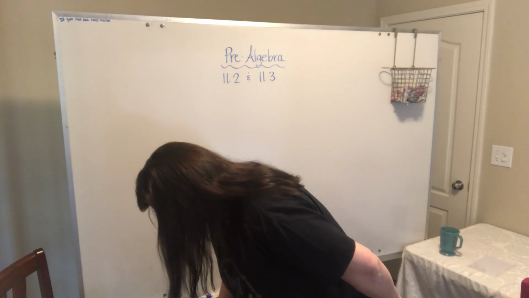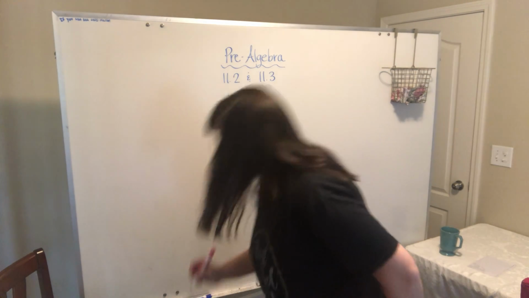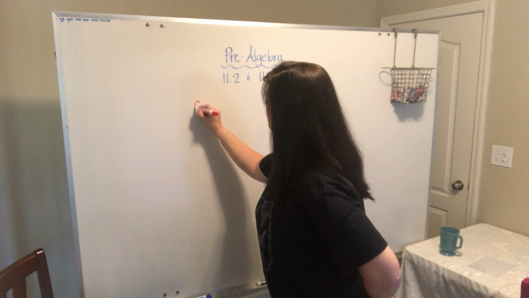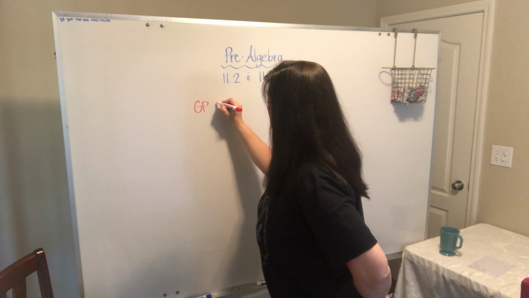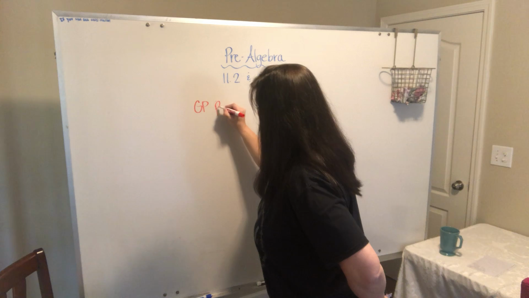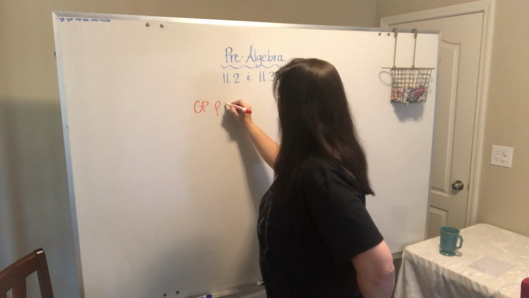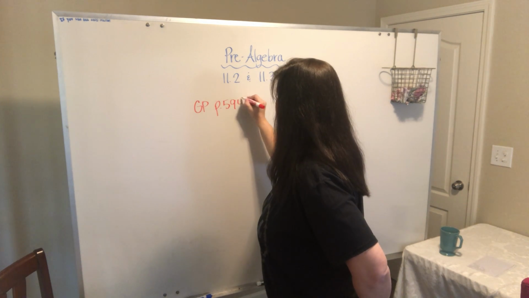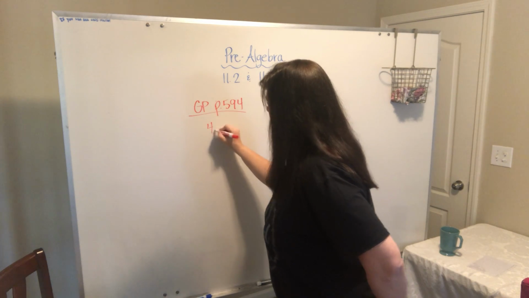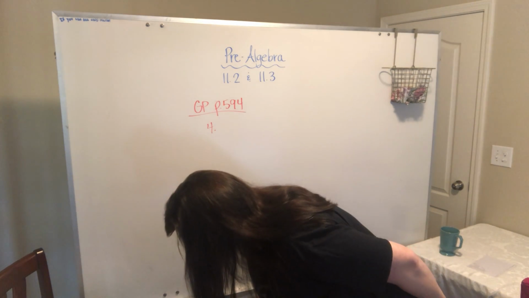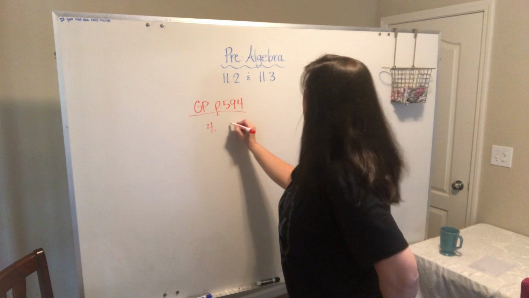Let's just go ahead and look at number 4, this is guided practice, number 4, page 594. Number 4. All right, y equals negative 2x plus 6.